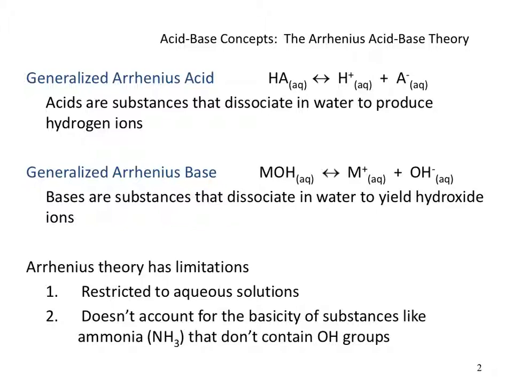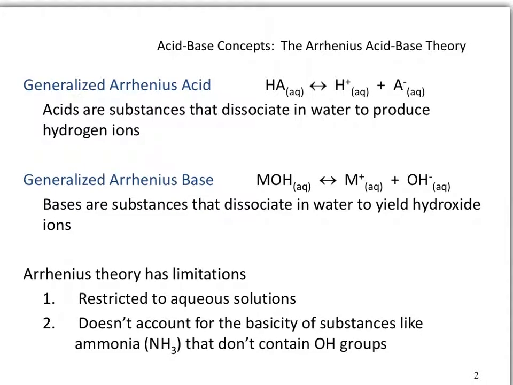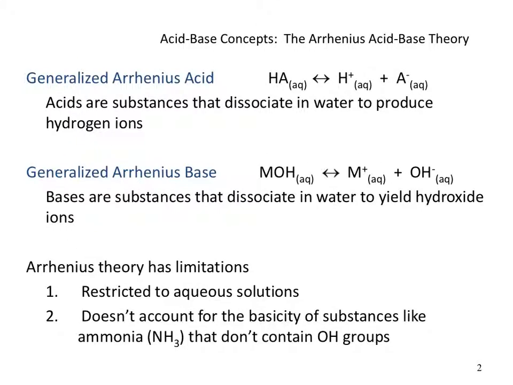Like I discussed earlier, the Arrhenius theory is the one where we have sources of protons as the acids, and a generalized Arrhenius base is one which dissociates to provide OH-.